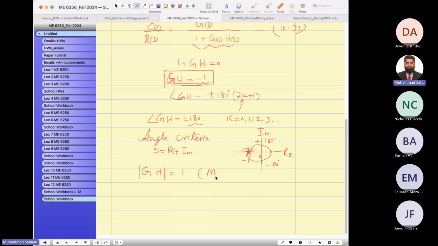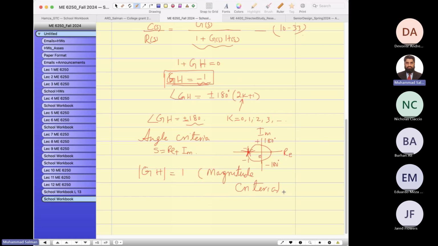This is known as the magnitude criteria. So an s is on the root locus if the magnitude and angle criteria are satisfied in the closed loop transfer function.